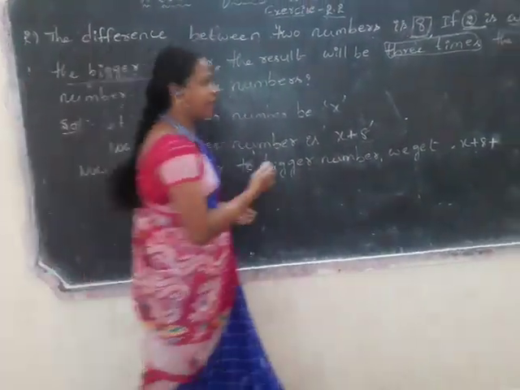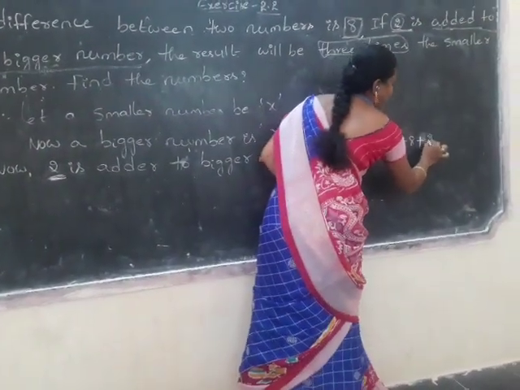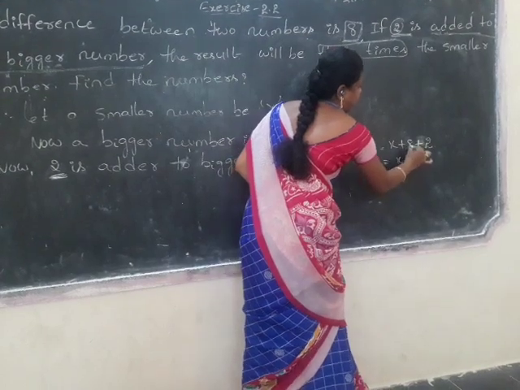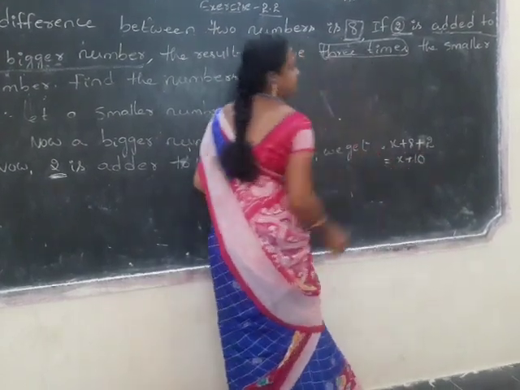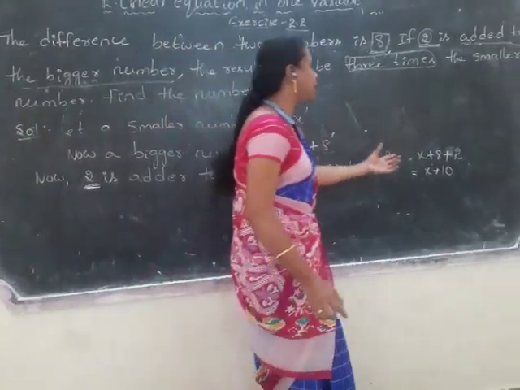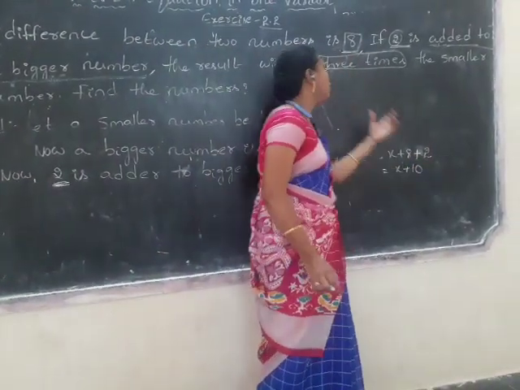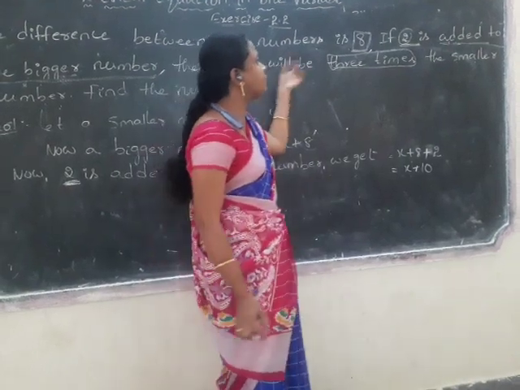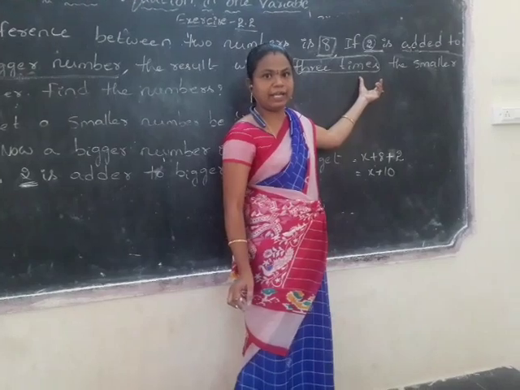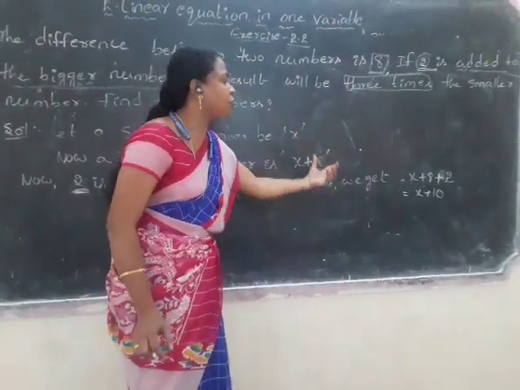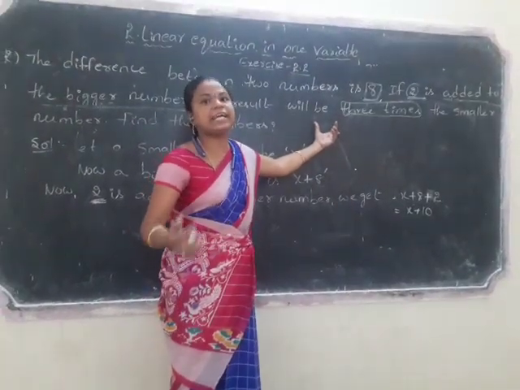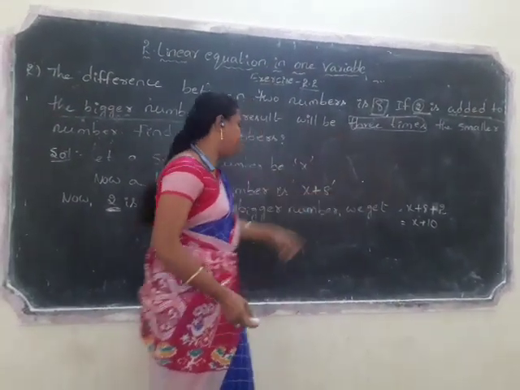So the addition symbol is plus. How much do we add? 2. Here x plus 8 plus 2 we get x plus 10. When we add 2 to the bigger number, the result will be 3 times the smaller number.